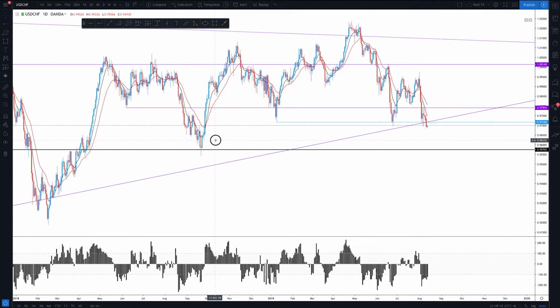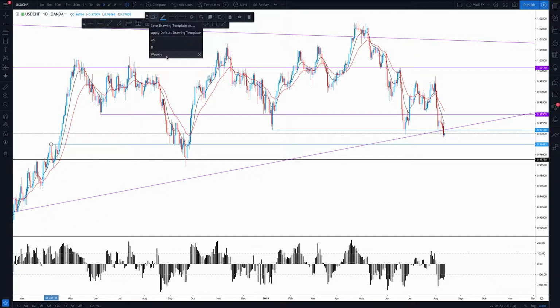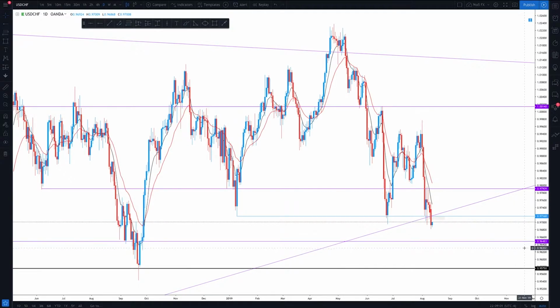My first target, and I'm looking on the daily right now, one of my first targets would be this area here of 965. Let's make this 965.